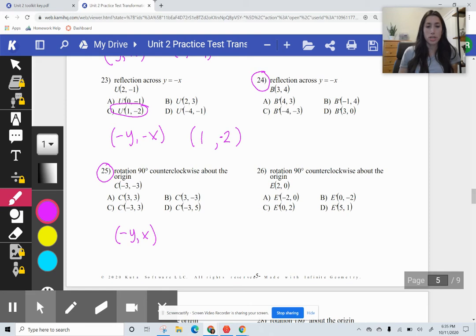So it looks like I'm changing their places a little bit and I'm changing the signs of some of them. This one is probably not the best example, but what we have here is negative 3 and negative 3. They're changing places, so if I change their places, they're just going to be the same number. And they're changing this one here. That's our y. That's changing signs.